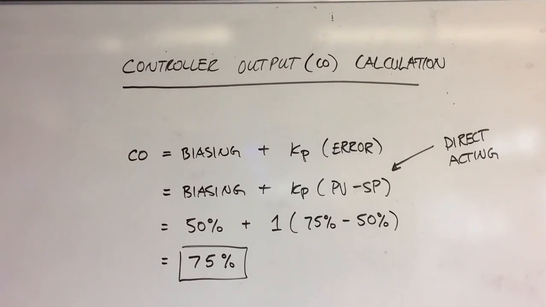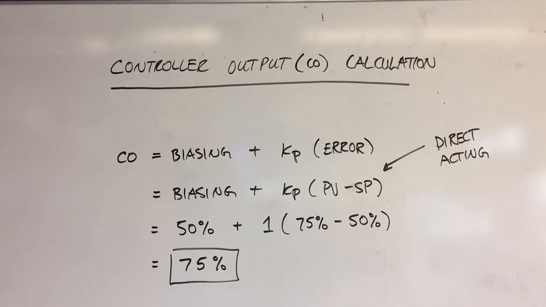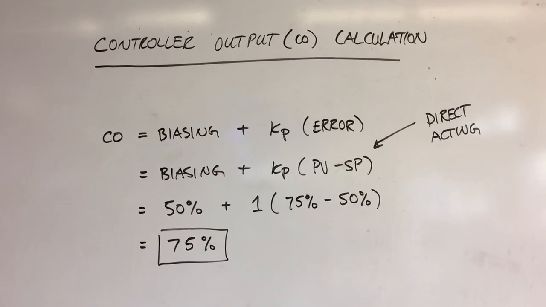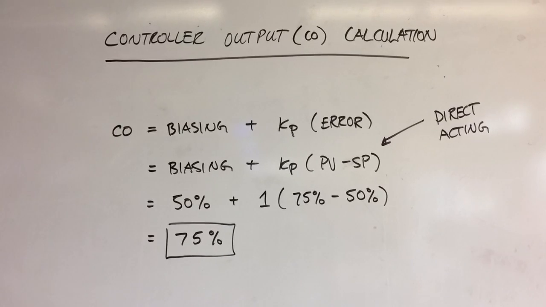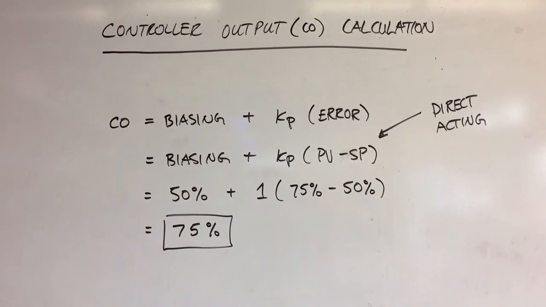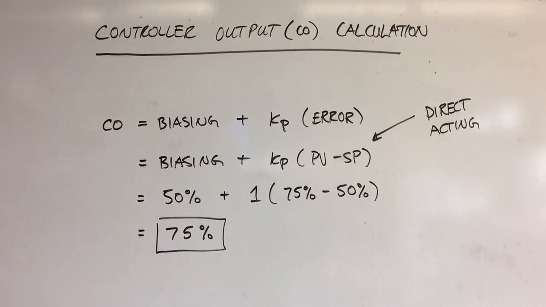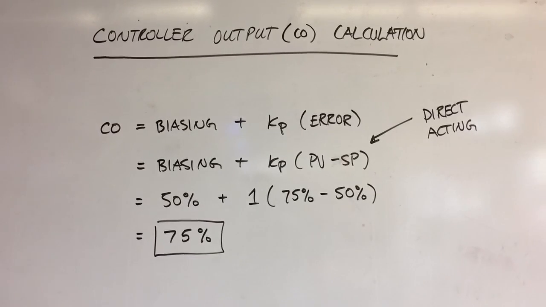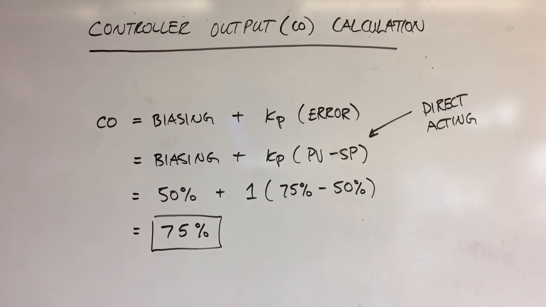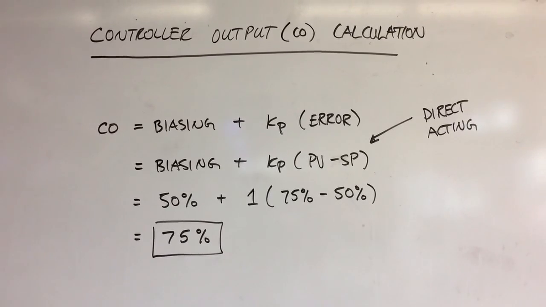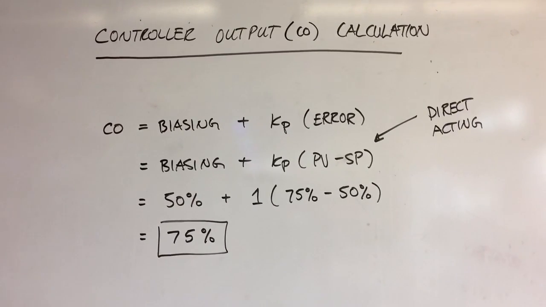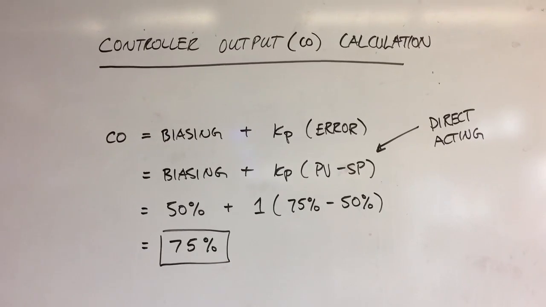So to figure out our error, you can see that 75 minus 50, times 1, plus 50 is going to give us 75% output. In our case, our set point is at 50, our process variable is at 50, so the error is equal to 0. 0 times 1 is 0, plus 50 would give us 50% out. So that's what we're seeing right now.